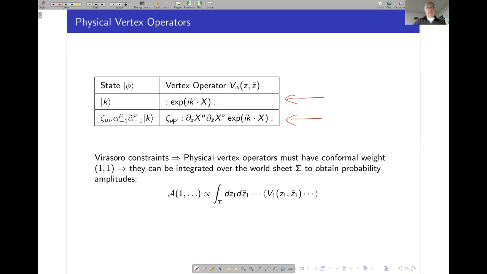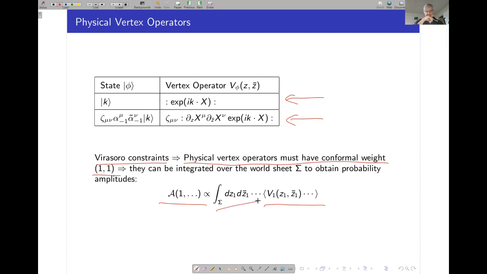What do the Virasoro constraints tell us about the vertex operators? If we impose the Virasoro constraints on the states, then this implies that the physical vertex operators have conformal weight (1,1). And this is a property that we certainly want to have, because as I explained, our idea for defining probability amplitudes between states is that we take correlation functions in the worldsheet conformal field theory between the vertex operators and then integrate them over the worldsheet.